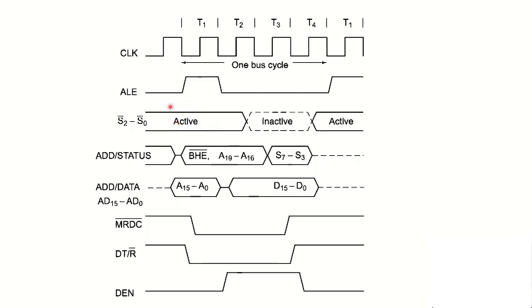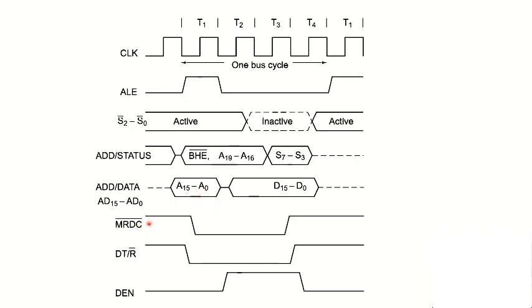This status signal will be high to perform some task, and these status signals also control the bus controller or bus master. So ALE and S2 bar to S0 bar, then here will be the address for the first T1 state. Similarly here will be the address.